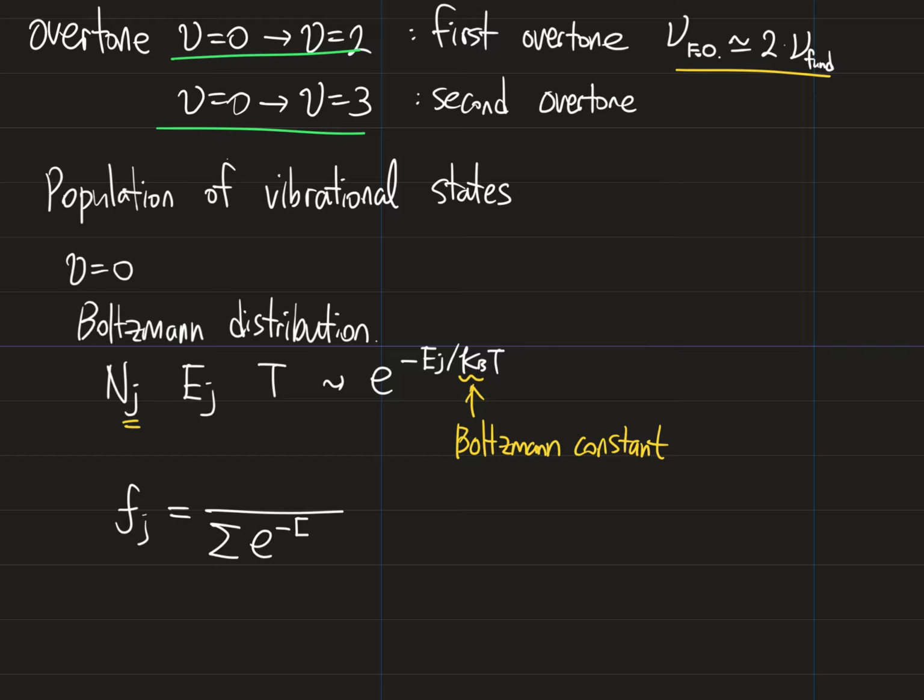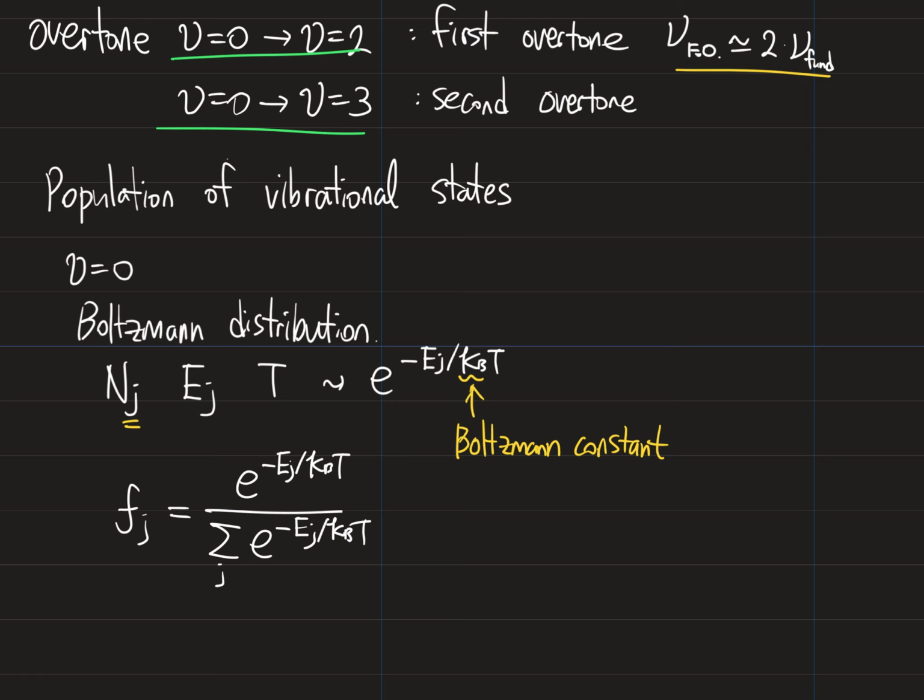And you want the portion of some specific state, so E_j over the sum.